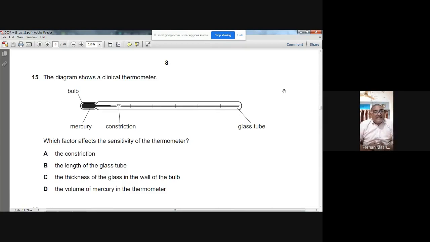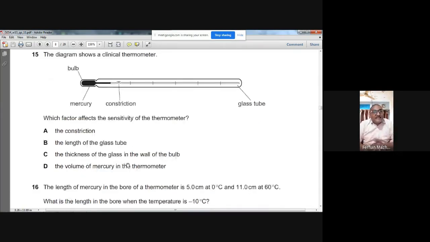So he has listed down some factors: the construction, the length of the glass tube, the thickness of the glass in the wall of the bulb. No, the volume of the mercury. Yes, the volume of the mercury in the thermometer. Because if you have more volume, for less temperature rise, it will have more volume expansion as compared to less mercury. The more the volume, the larger will be the expansion for the same rise in temperature. So D is the option. It makes the thermometer more sensitive.